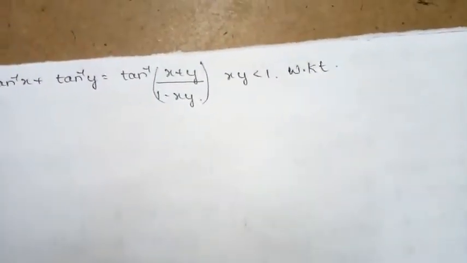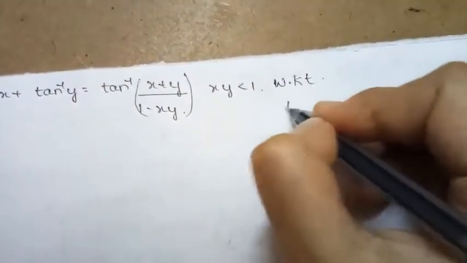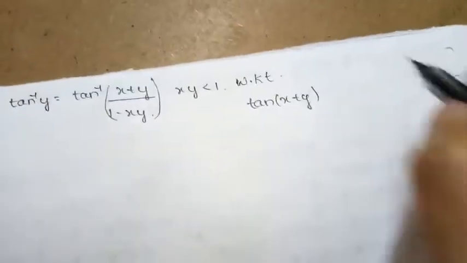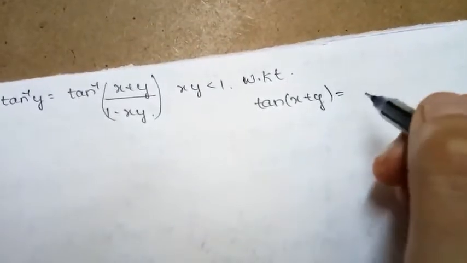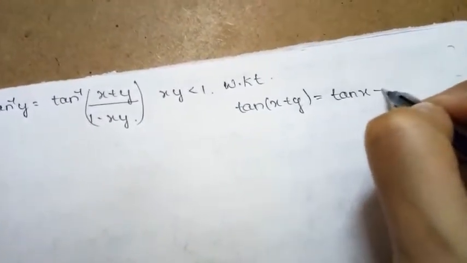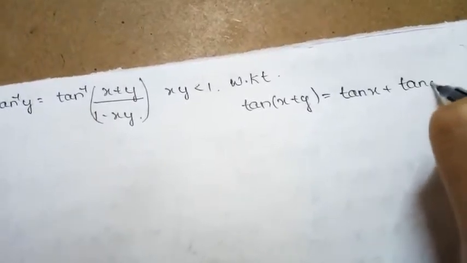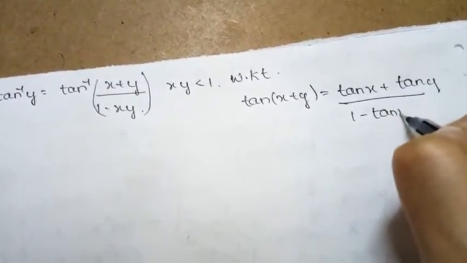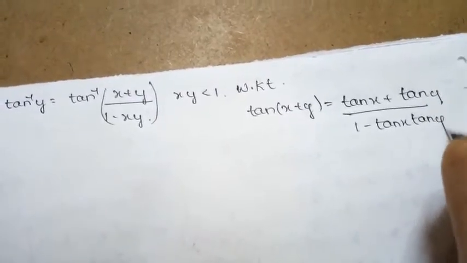One of the properties which we know is the tan x plus y identity. So what is that identity going to say? tan of x plus y is equal to tan x plus tan y divided by 1 minus tan x into tan y.